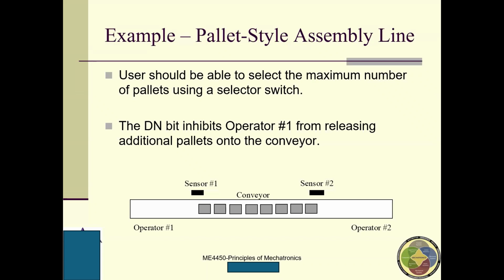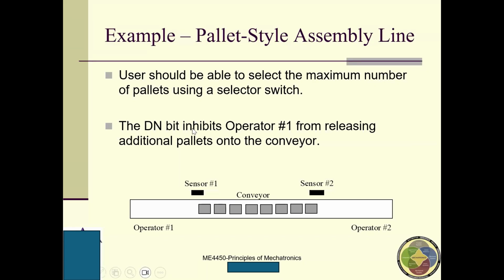For the second, we can use the move instruction to change how many pellets we want to accommodate between sensor 1 and sensor 2. So we are going to use this example to illustrate how we use counter up, counter down, and move to accomplish these two goals.